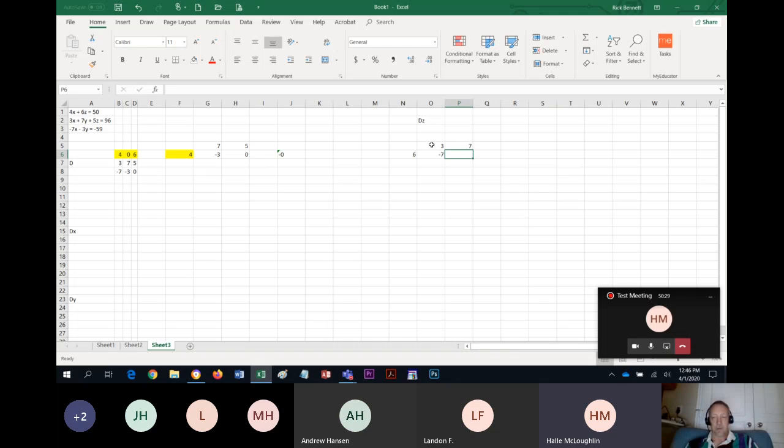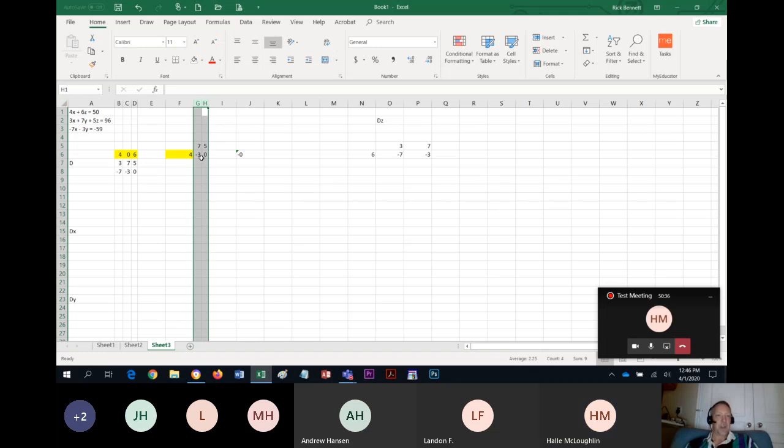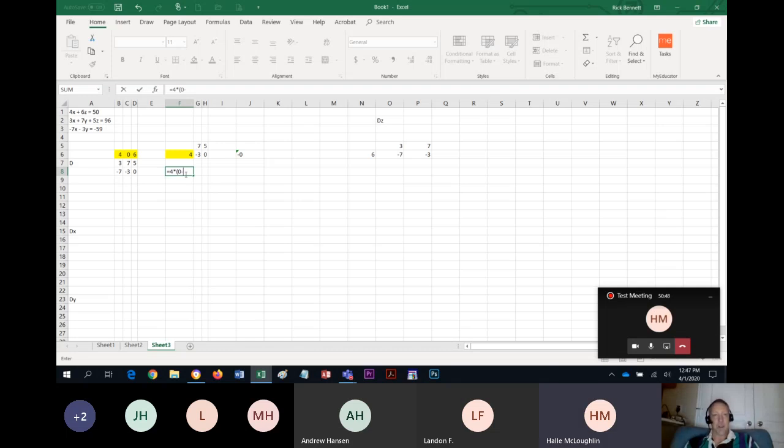When we do this first matrix, 7 times 0 is 0, so we're going to get 4 times 0 minus a -15, correct? Yes. That should give us 60.